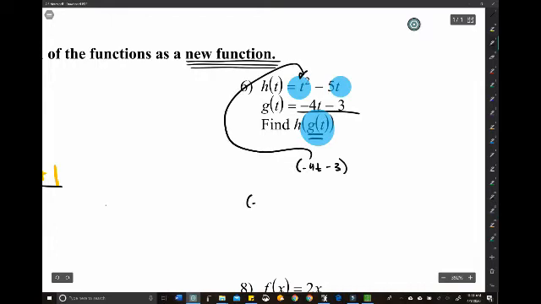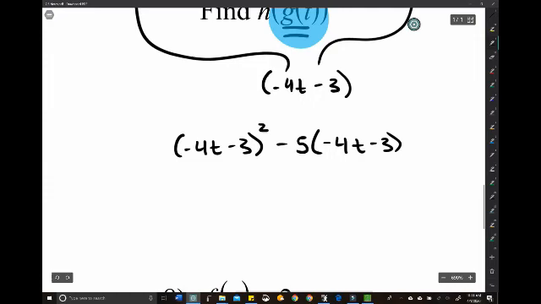So it would be negative 4t minus 3, squared, minus 5 times that there. Okay, you have 2 spots to put it in. So here, a little more challenging mathematics for you. Nothing you haven't seen. Remember, you're going to need to FOIL this first part. So you're going to have to write it out twice.